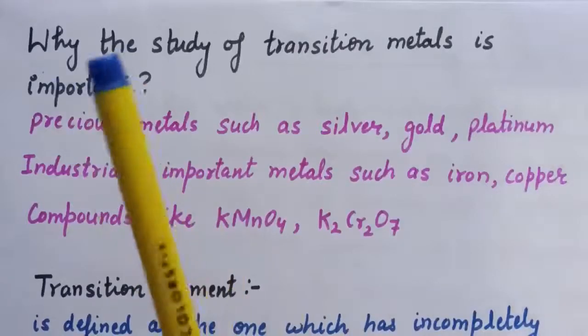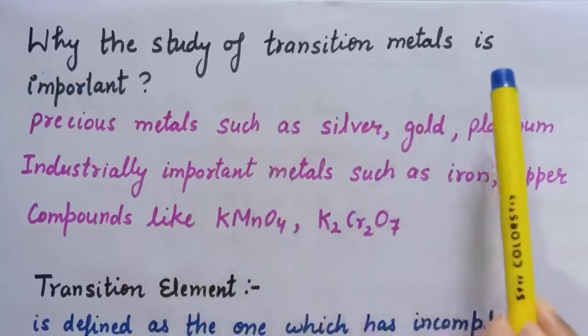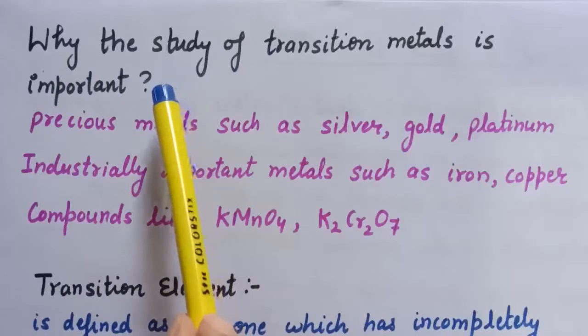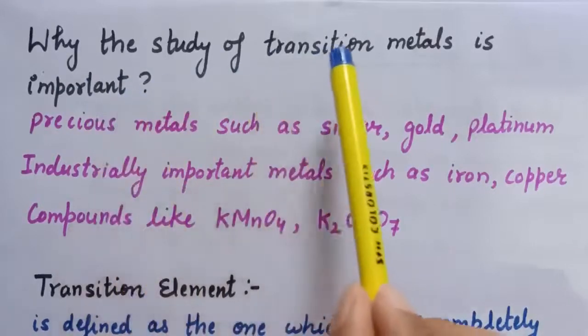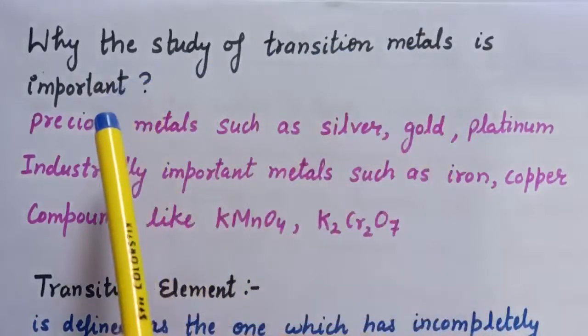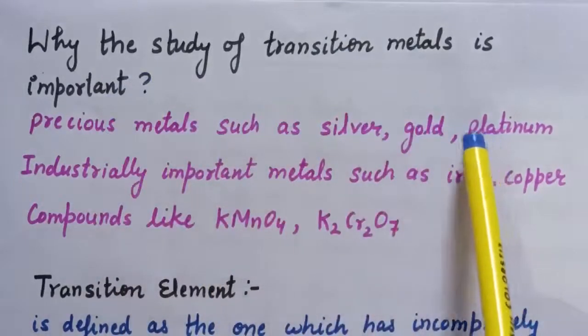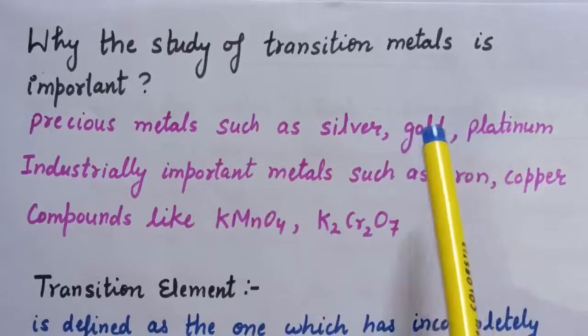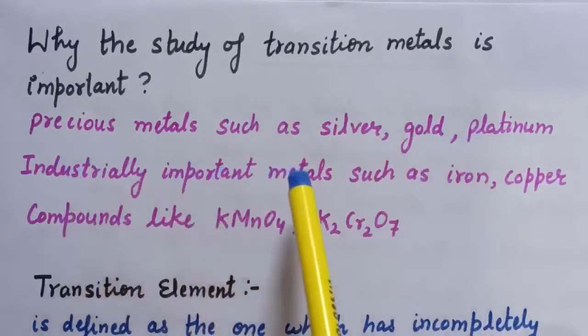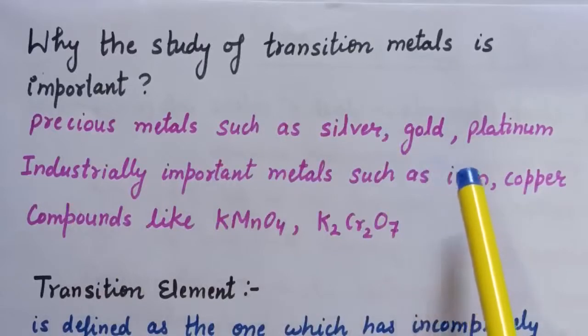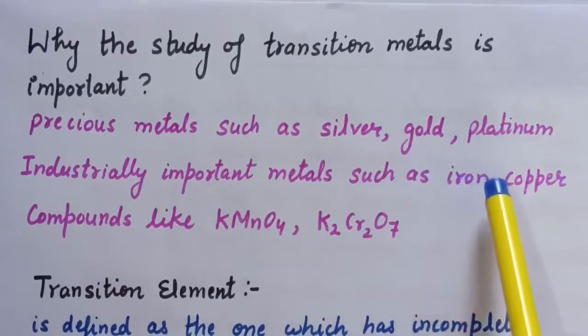So the next question is, why is the study of transition metals important? The answer is, the study of transition metals is important because precious metals such as silver, gold, platinum belong to transition elements, and some industrially important metals like iron, copper also belong to D block elements.